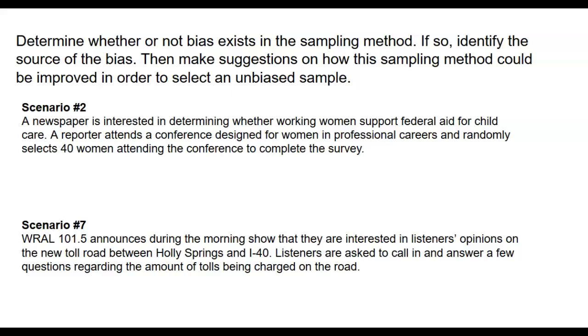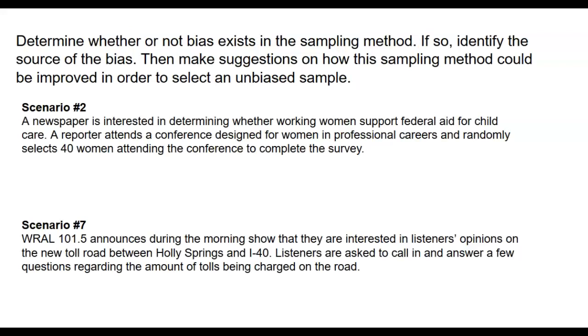Scenario number 2. A newspaper is interested in determining whether working women support federal aid for childcare. A reporter attends a conference designed for women in professional careers and randomly selects 40 women attending the conference to complete the survey.